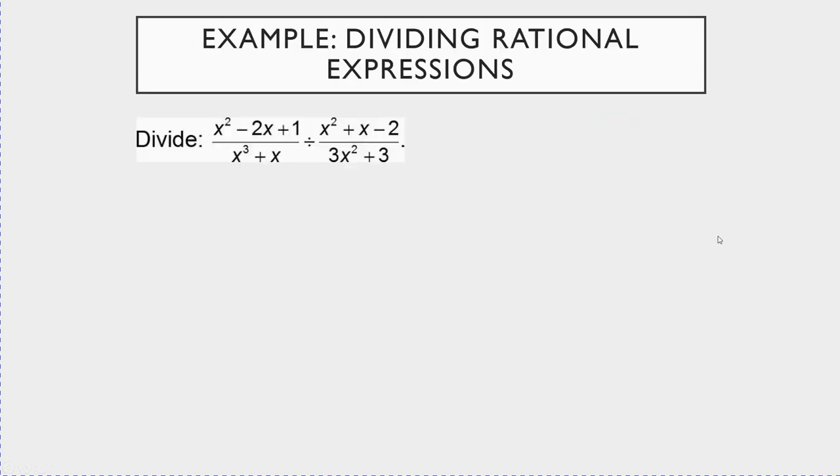Okay, so look here. I have x squared minus 2x plus 1 over x plus 3, divided by x squared plus x minus 2 over 3x squared plus 3. So first thing you're going to do is keep, change, flip. So you're going to keep this first the same.